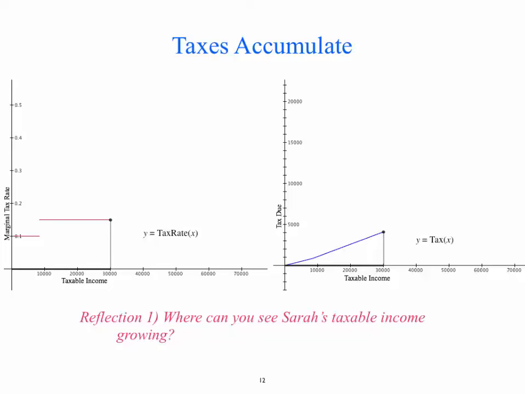Okay, Jessica, tell me, where can we see Sarah's taxable income growing? So you're saying the graph on the right? What about the graph on the right? Where do we see the taxable income growing?